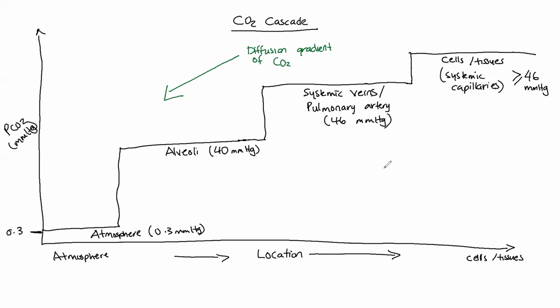And again, just to add a note here about what this means, the partial pressure gradient of CO2 favors the movement of carbon dioxide from cells out into the atmosphere.